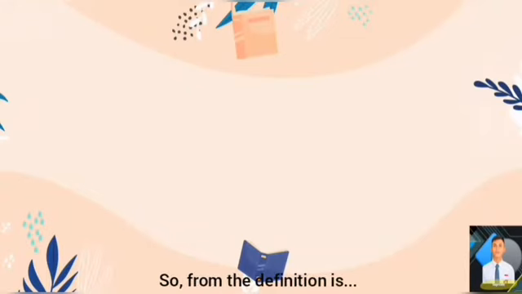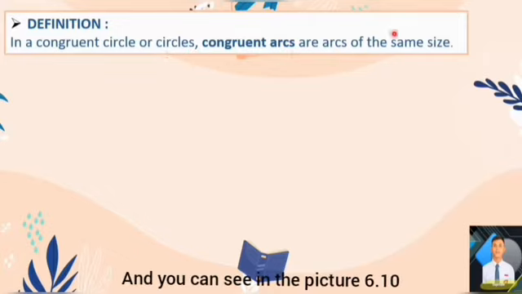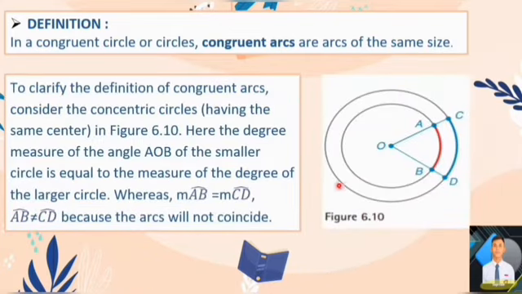The definition is: in a circle or in congruent circles, congruent arcs are arcs of the same size. In figure 6.10, to clarify the definition of congruent arcs, consider concentric circles, which have the same center.